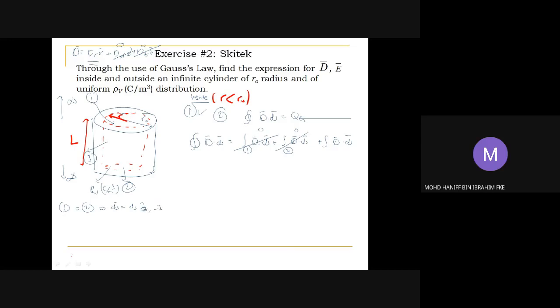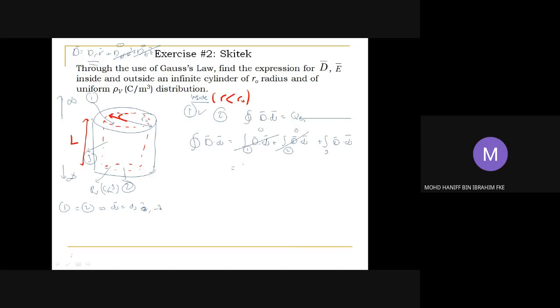Surface number 1 is in positive z, and surface number 2 is in negative z. So when we proceed with the dot product of D dot dS, the value will be 0, because the dot product between perpendicular vectors will give us 0. So the D dot dS will remain only for the third surface, which is the curved surface.